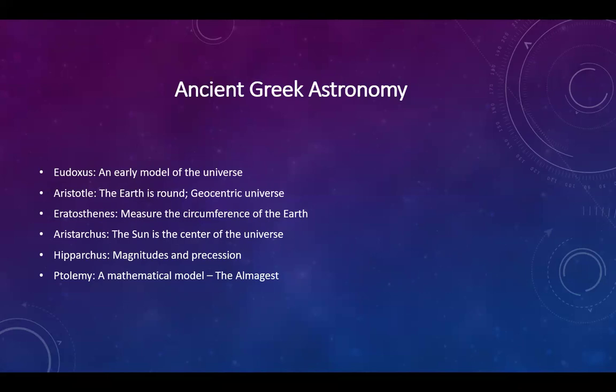Hipparchus was one of the first to put together a catalog of the sky, with data from lots of people, cataloging the stars that you could see. He created a system to describe their brightness called magnitudes, where the brightest stars were first magnitude and the dimmest stars were sixth magnitude.